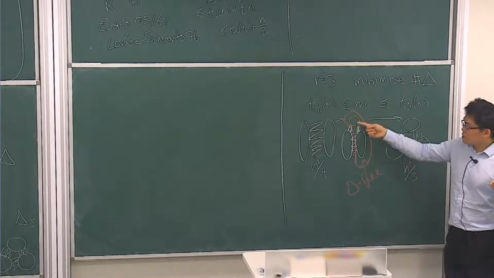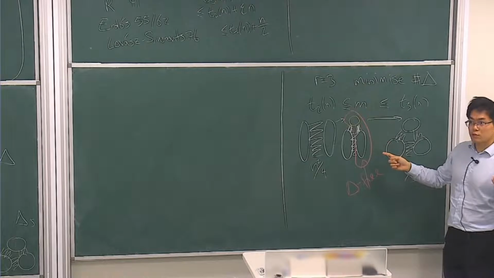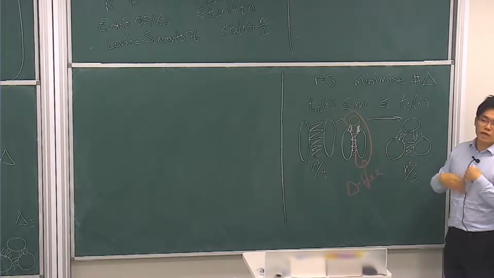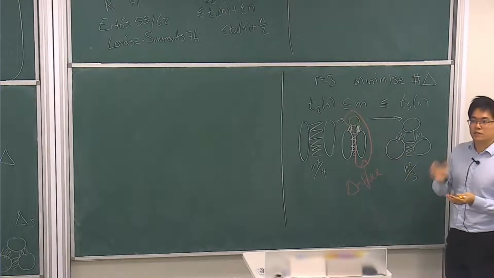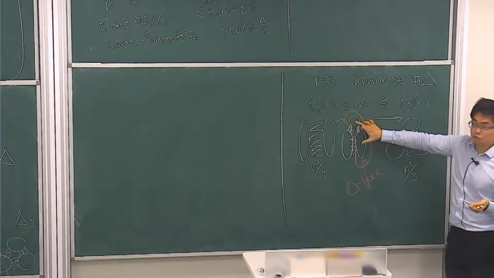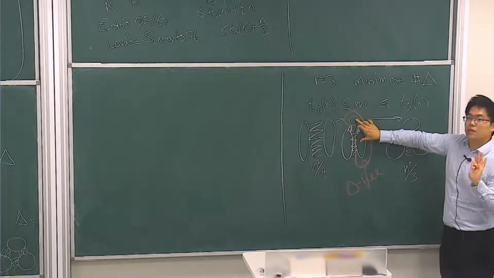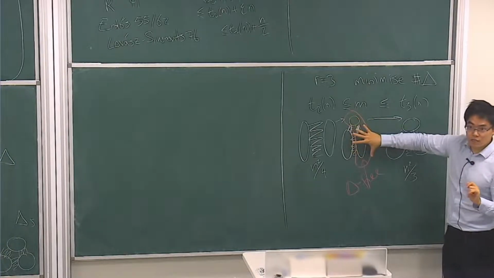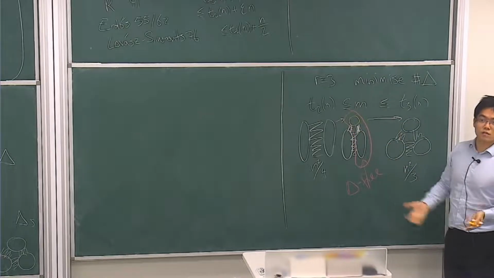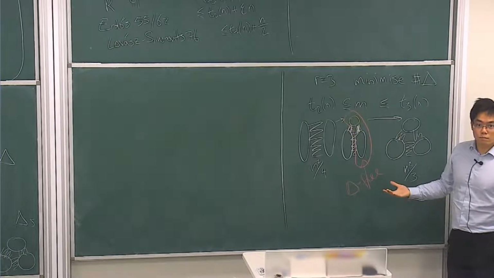So I can replace this red box, the complete bipartite graph, with any triangle-free graph that I like, with the same number of edges as these two parts. So if the original is the minimizer, then this is also a minimizer, because I didn't change the number of triangles.